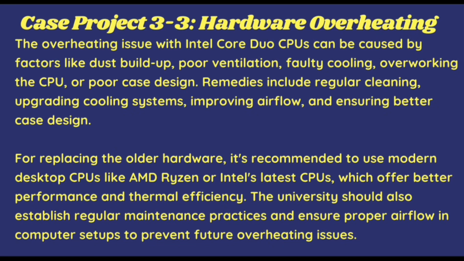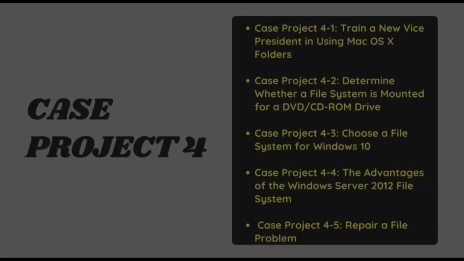For replacing the older hardware, it is recommended to use modern desktop CPUs like AMD Ryzen or the latest Intel CPUs, which offer better performance and thermal efficiency. The university should also establish regular maintenance practices and ensure proper airflow in computer setups to prevent future overheating issues. Case Project 4.